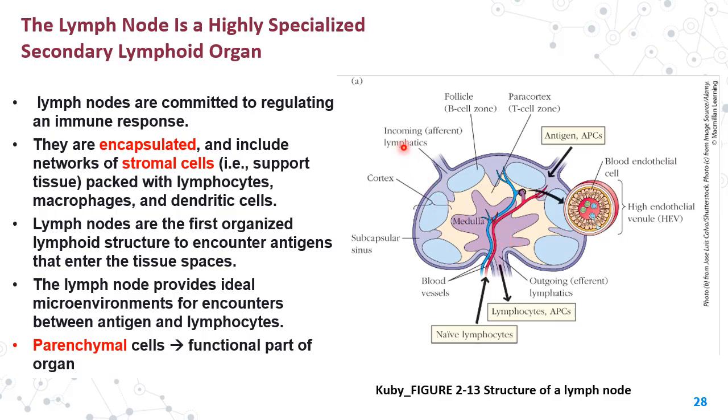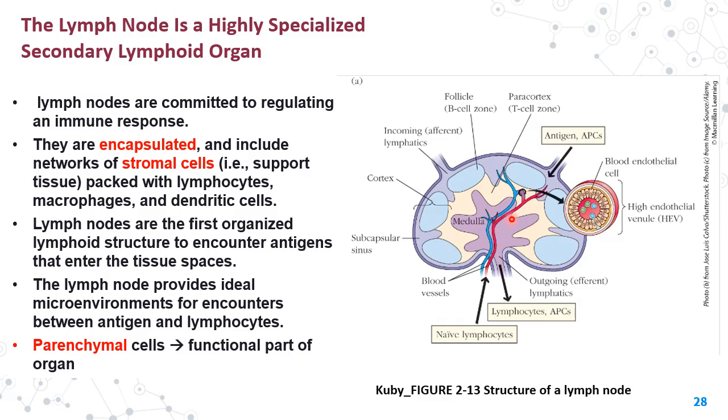Okay. So fluid and cells are going to get to the lymph node from lymphatics. But you also have here those arteries, right? They're bringing circulation to the lymph node. So you have here your lymphoid artery, and here you have the lymphoid vein that comes out, right?